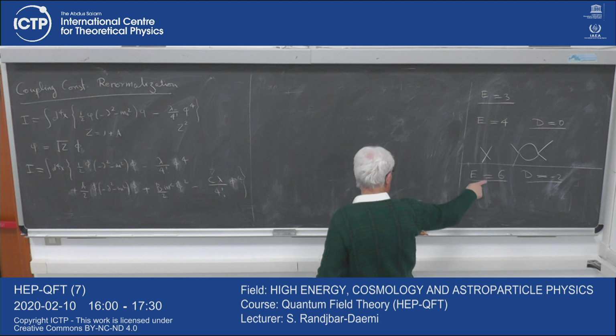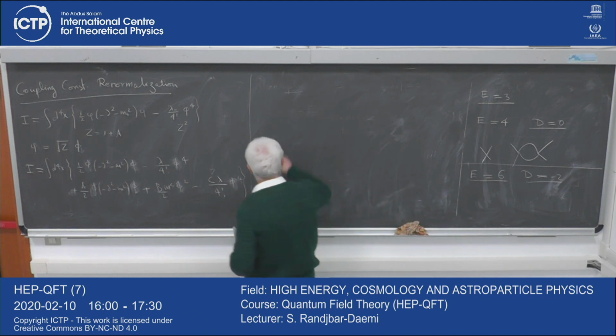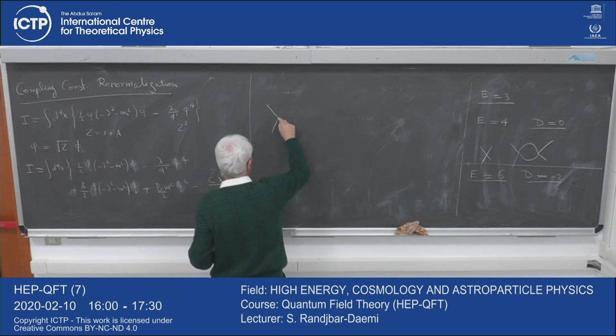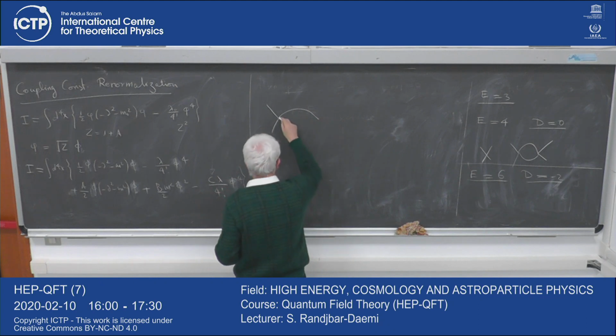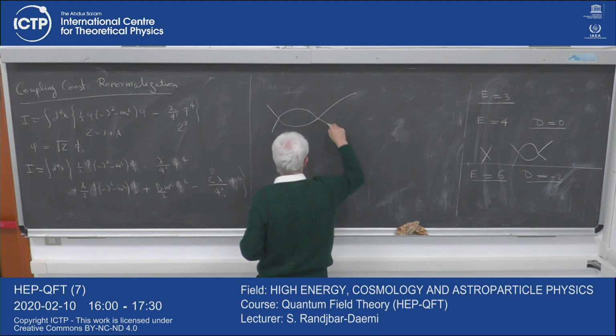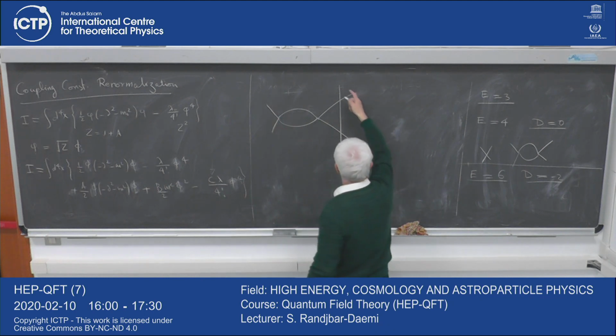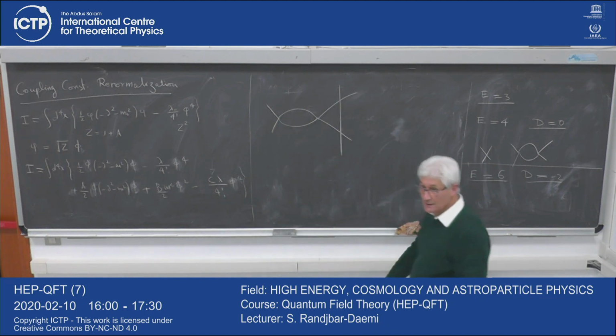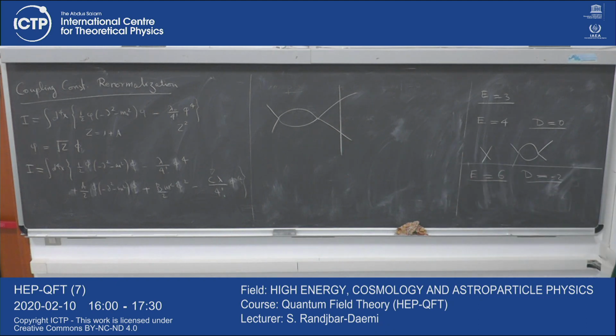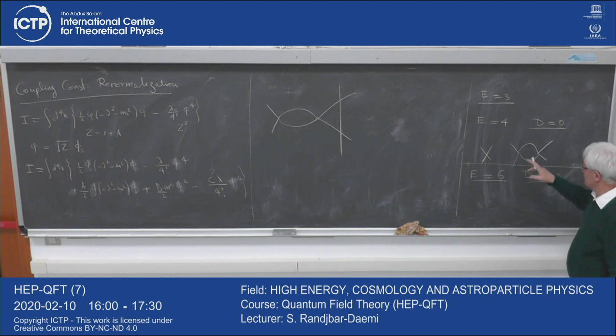So, let's consider this graph, which has 6 external lines. One, two, three, four, five, 6. Now, this graph, we know that it cannot be finite as it stands. Why?